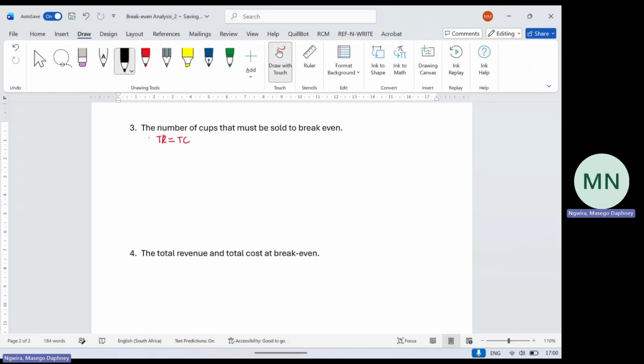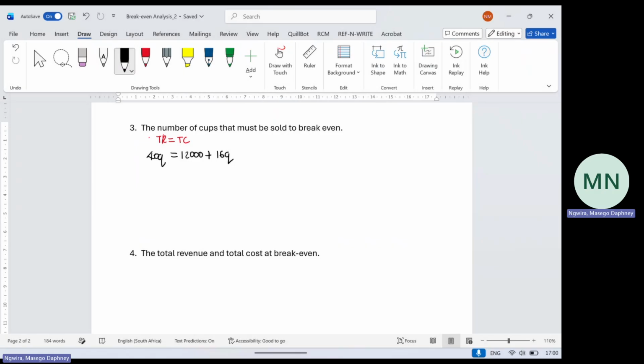We substitute our total revenue, 40Q, which is equal to our total cost, 12,000, which is our fixed cost, plus 16Q, which is our variable cost.